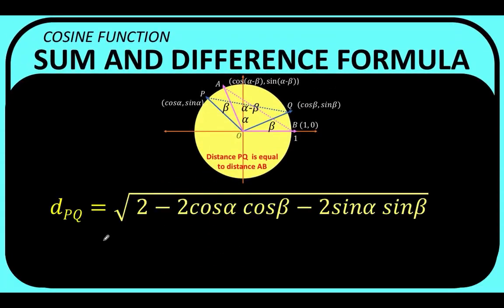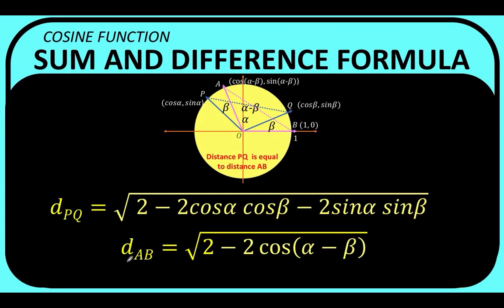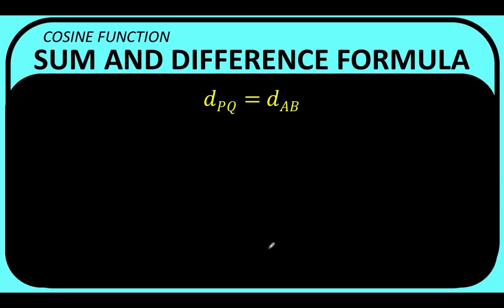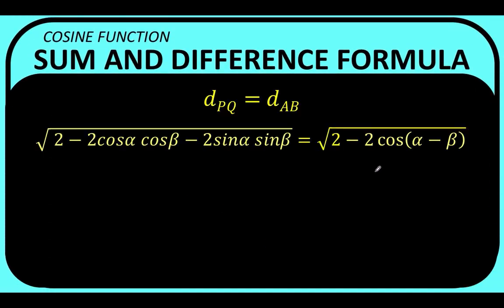So we now have this formula for the distance between points P and Q. We have this formula for the distance between points A and B. We know that these two distances are equal, and so we now arrive at this equation. The distance between P and Q and the distance between points A and B are equal.